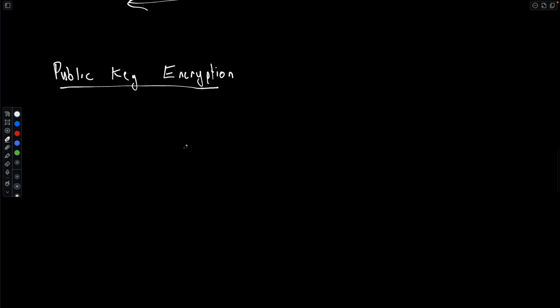Public key encryption is a function. It takes 2 parameters, generally maybe 3. The parameters would be the message that you want to encrypt and the key that you're encrypting it under. I'm going to call this a public key. I'll talk about what that means in a second.